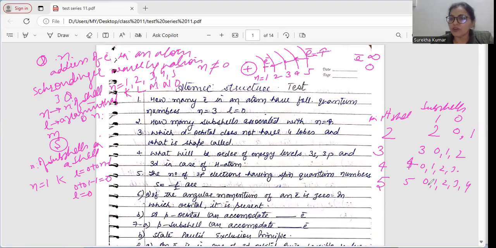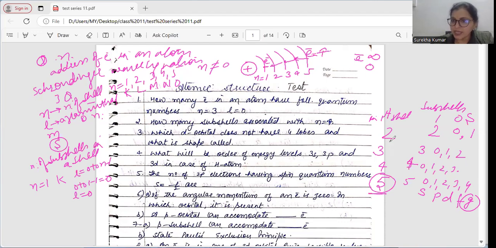What is the name of L equal to 0? 0 subshell. That is S. For 1, it's P. For 2, it's D. For 3, it's F. For 4, it's G. One question which is in your NCERT's bag. In which shell G subshell is started for the first time? Answer is fifth shell.